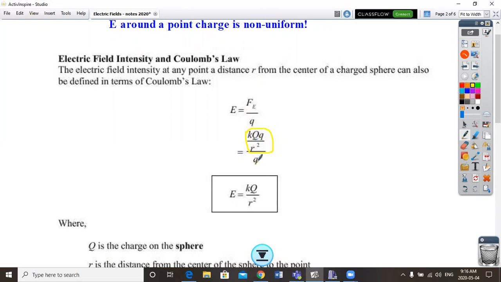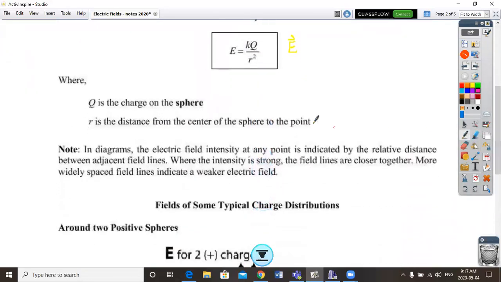You'll notice that the test charge cancels out, and we're left with electric field equaling K times Q over R squared. So that is the definition for electric field, KQ over R squared, where Q is the charge on the sphere or the object or the other charge, and R is the distance.